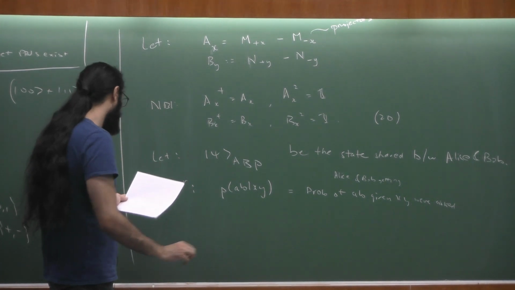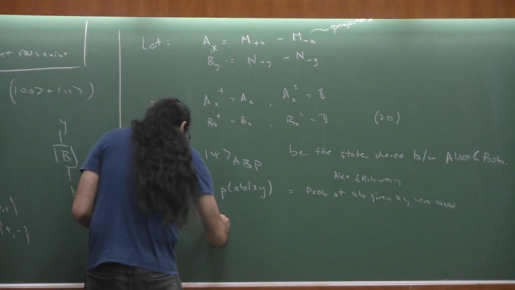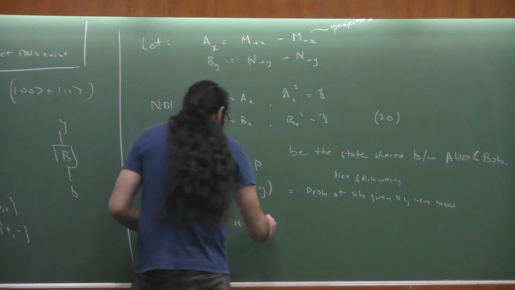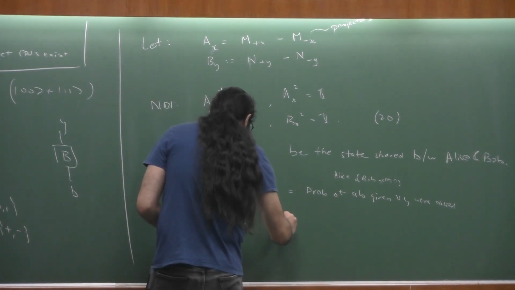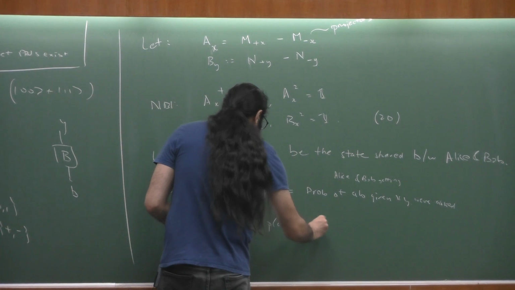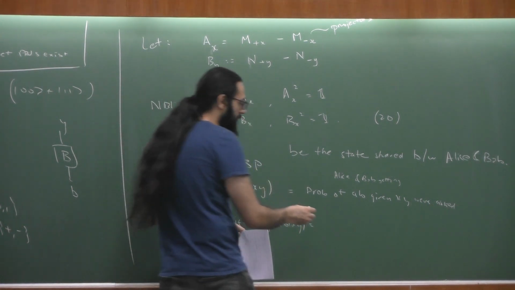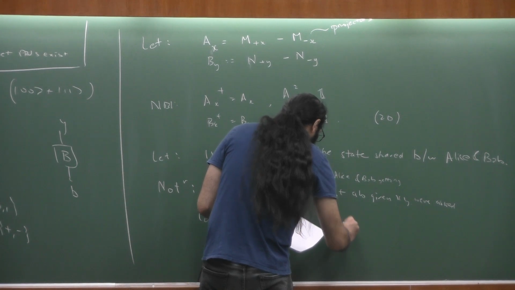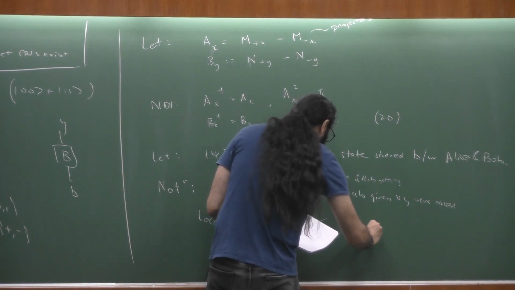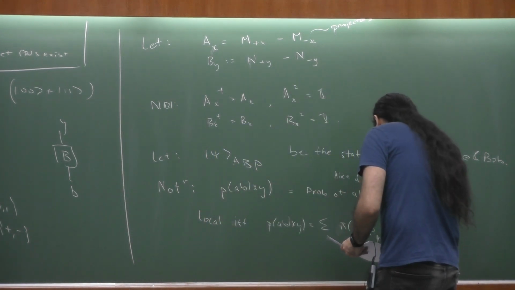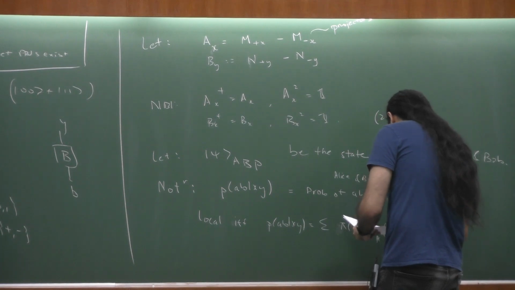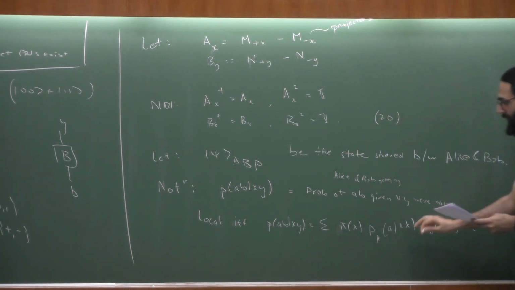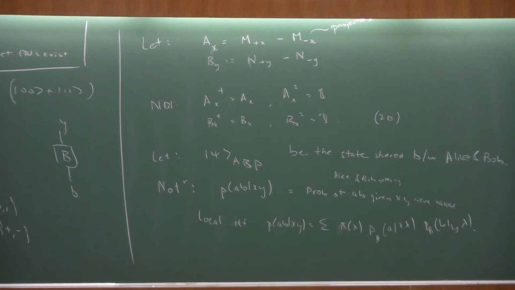You've also seen that it's local by definition. It's local if p(ab|xy) can be written as the sum over lambda of pi(lambda) p_A(a|x,lambda) p_B(b|y,lambda). You've done an assignment on this. I don't really think this should be very difficult. You already know all of this.